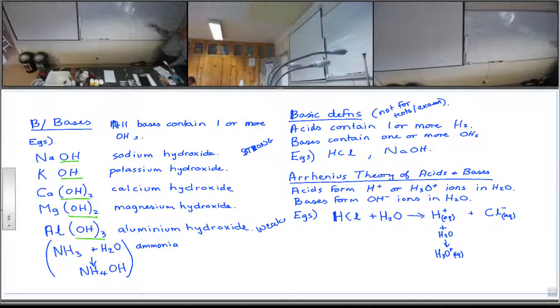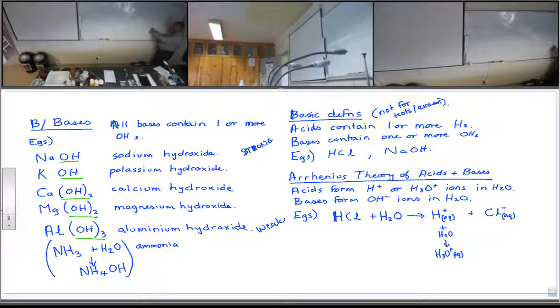So, according to Arrhenius, acids form H plus or H3O positive when they're in water. There's how an acid, HCl, splits down the middle, the positive part, H plus, the negative part, Cl minus. There it's formed an H plus in water. As a matter of interest, that H plus can link up with other waters to form H3O positive.